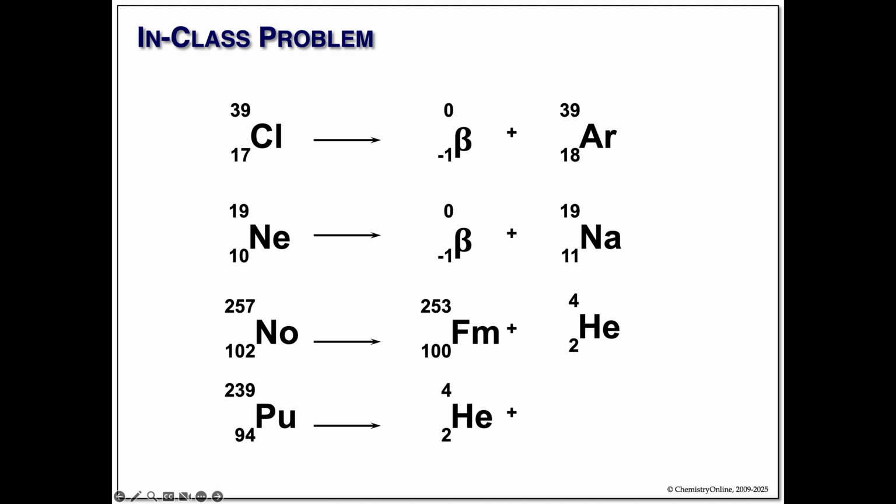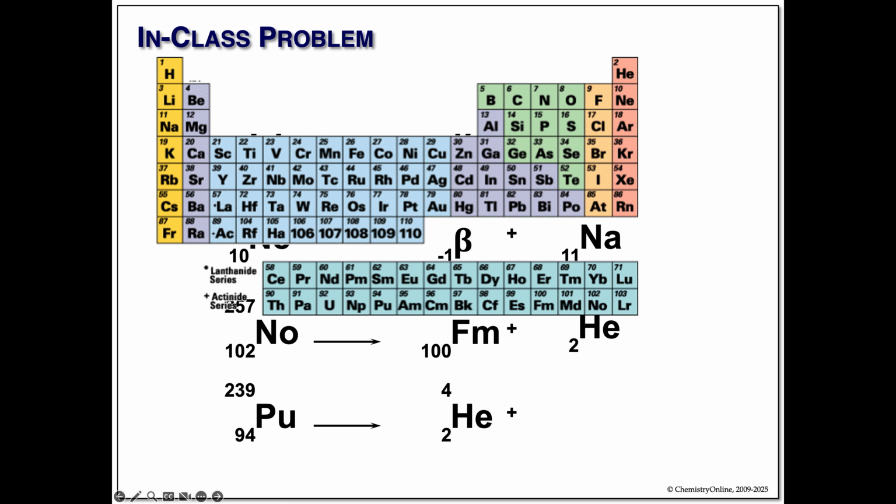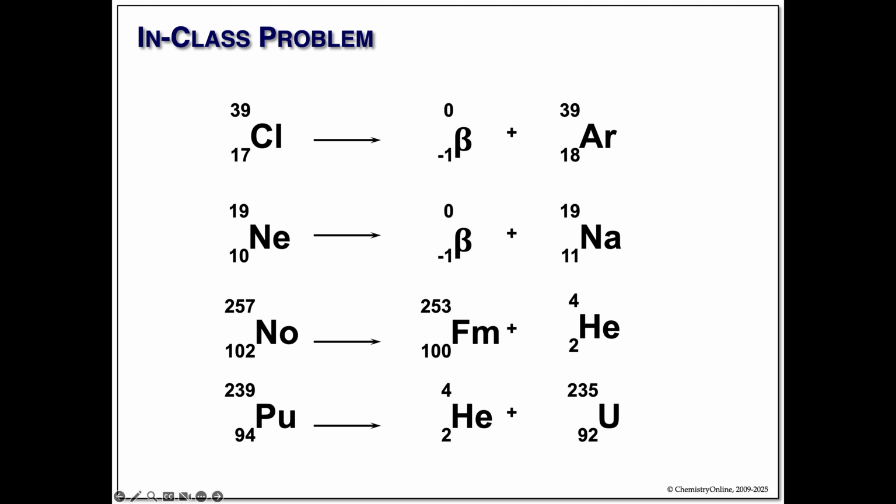And finally, plutonium-239, that's the common stuff that's used in bombs, uses an alpha. This drops by 4, we get uranium-235, which is the other stuff we use in bombs.